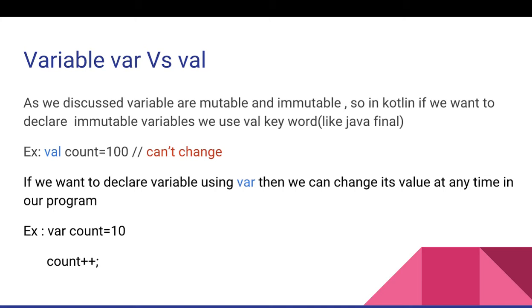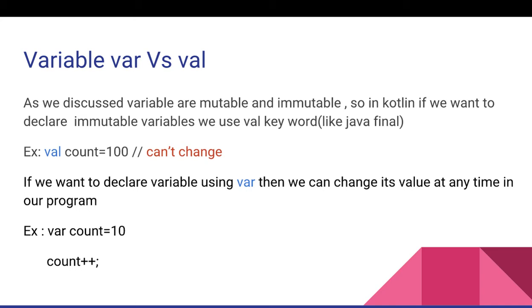So in Kotlin, as we discussed, there are two types of variables, mutable and immutable. If we want to declare an immutable variable, we use the val keyword. Here, val count equals 100. If I declare val count, it is like the final keyword in Java, and we cannot change the value of the count variable because it is declared as val.